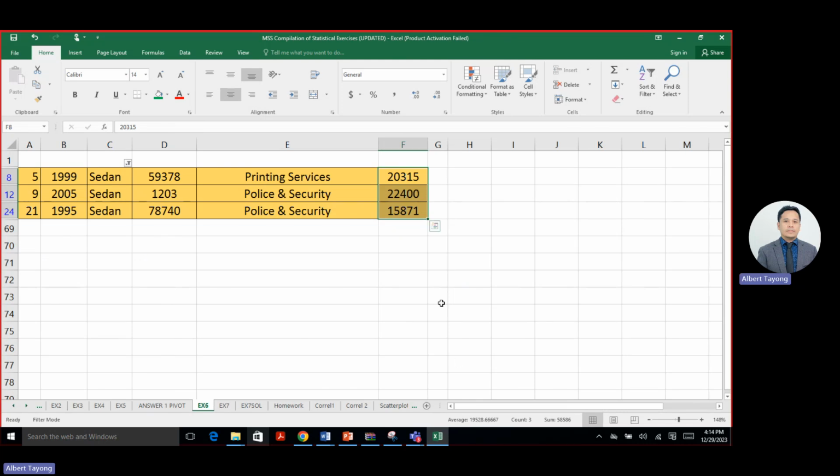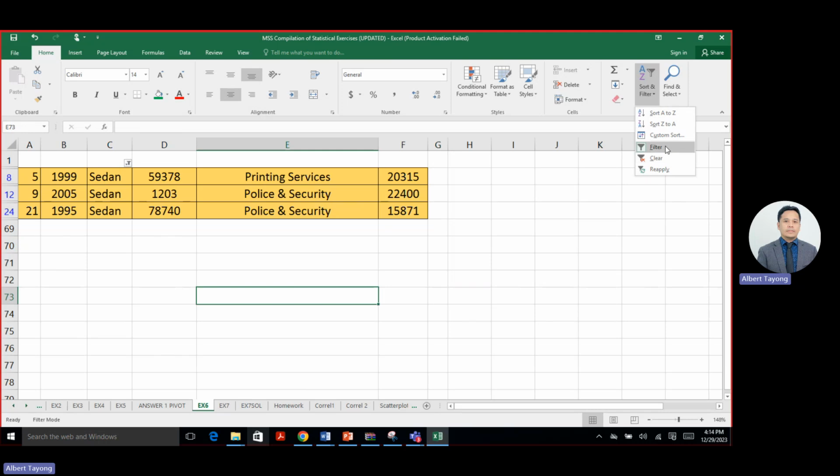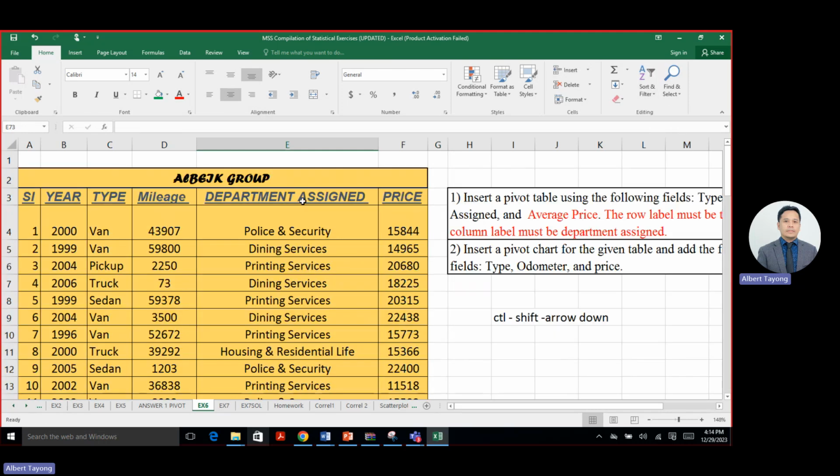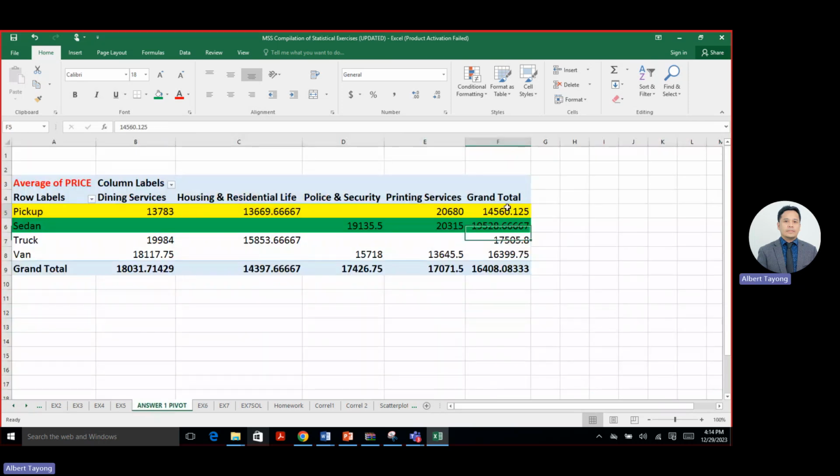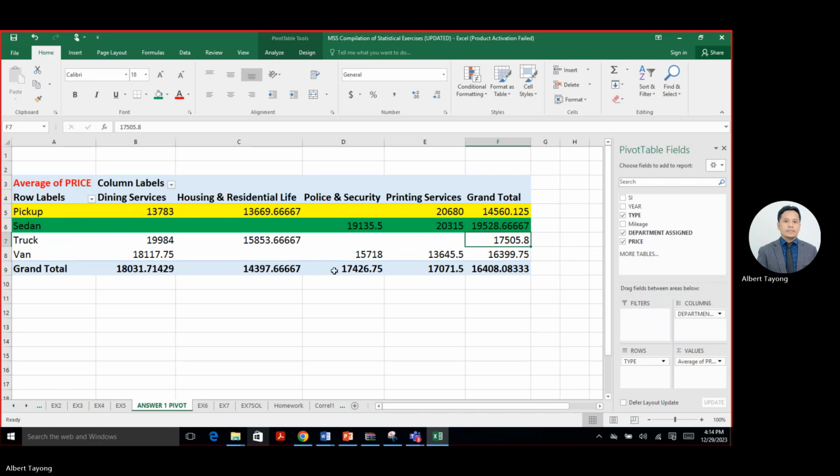And it's the same here. Now to unfilter, you have to click filter again to return to the original data. So these values are correct. That is the answer for number 1.